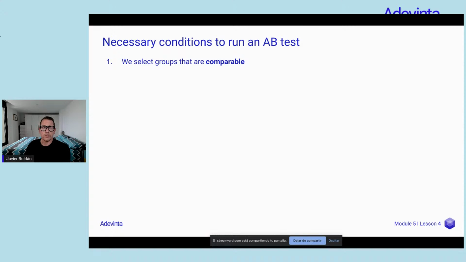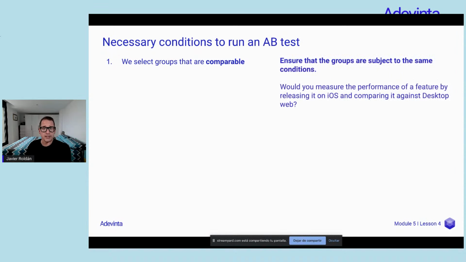First of all, we select groups that are comparable. We have to ensure that the groups that we are going to experiment with are subject to the same conditions. Remember from the previous lesson, with an A-B test, we want to measure the effect that we cause with our changes.